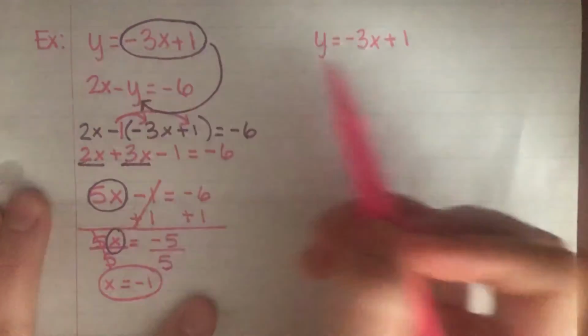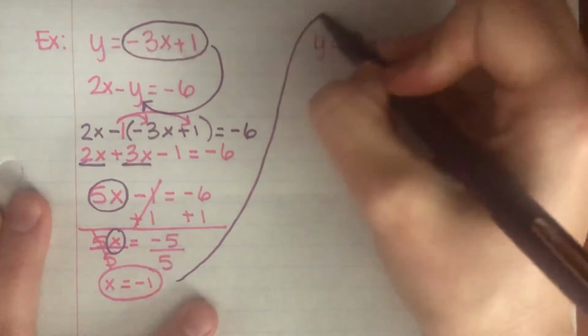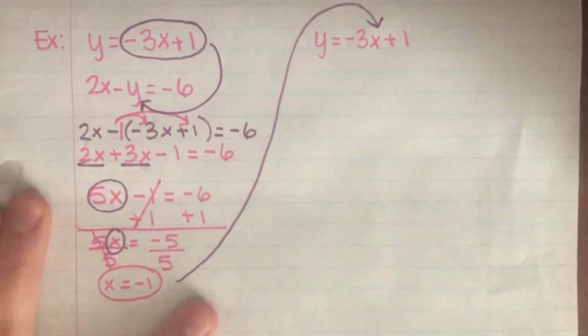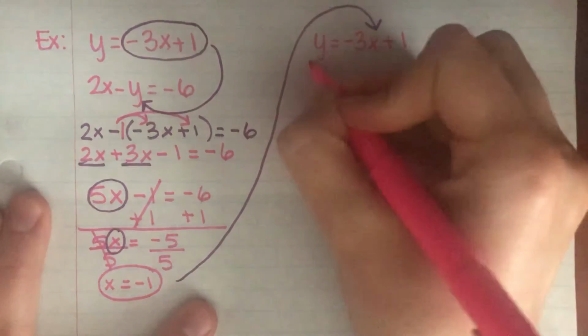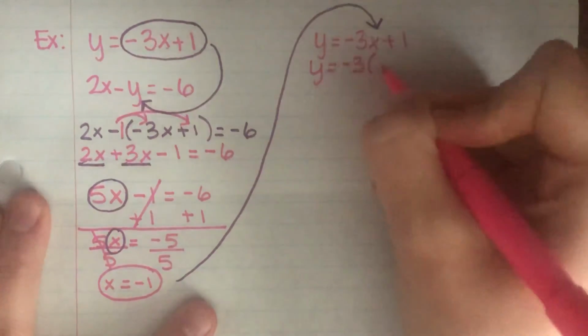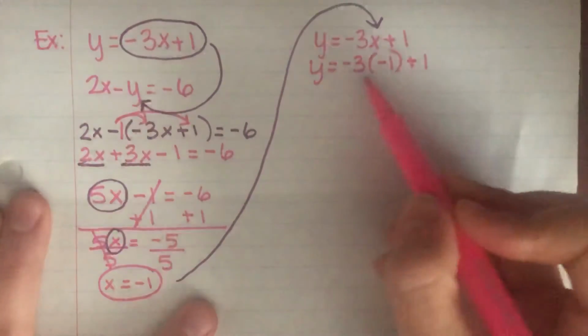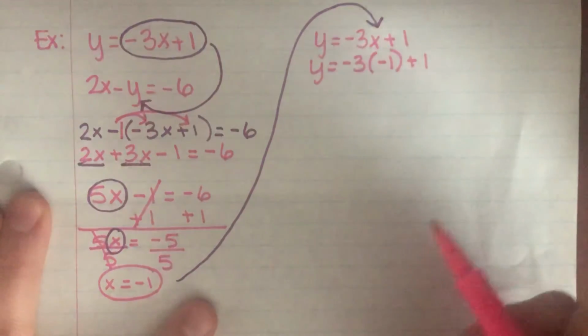Okay, I just rewrote that same equation. And I'm going to take x and substitute it back in. So this is y equals negative 3 times negative 1 plus 1.